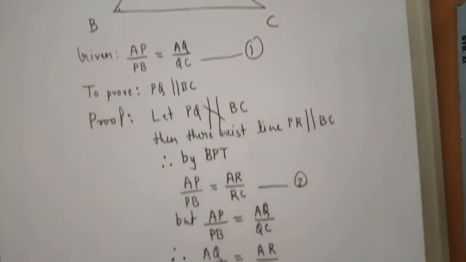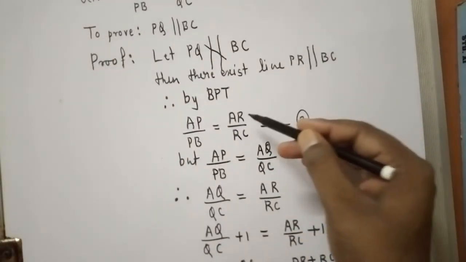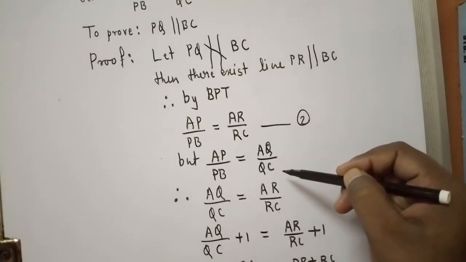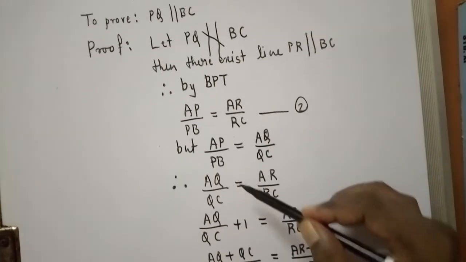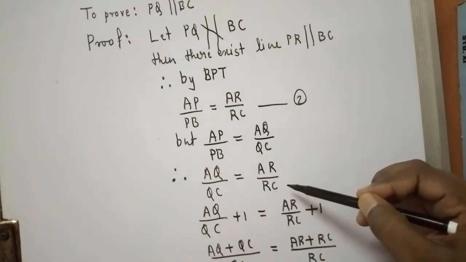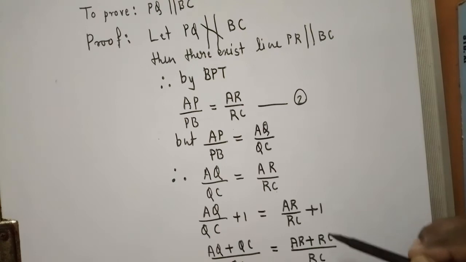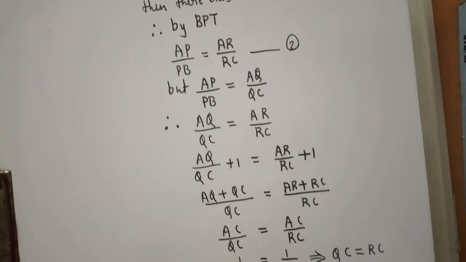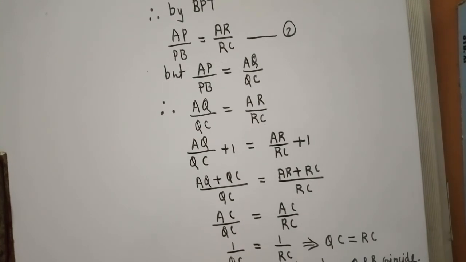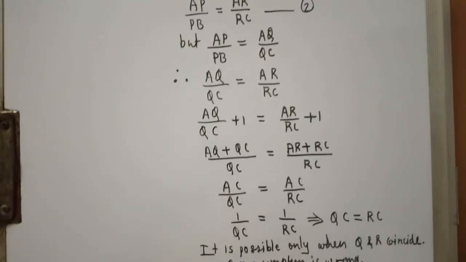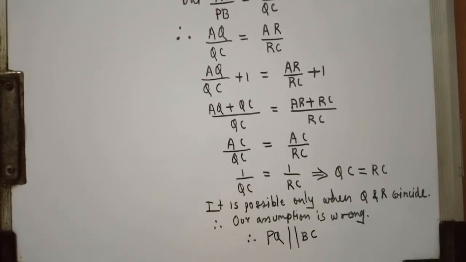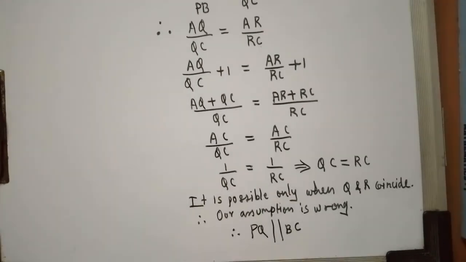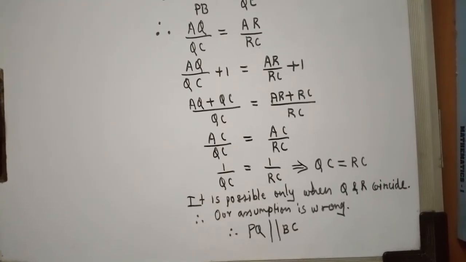But we already have AP by PB equals AQ by QC. Equating these two, we get AQ by QC equals AR by RC. Adding 1 on both sides, we get AC by QC equals AC by RC. AC cancels on both sides, so QC equals RC, which is only possible when Q and R coincide. Therefore our assumption is wrong.